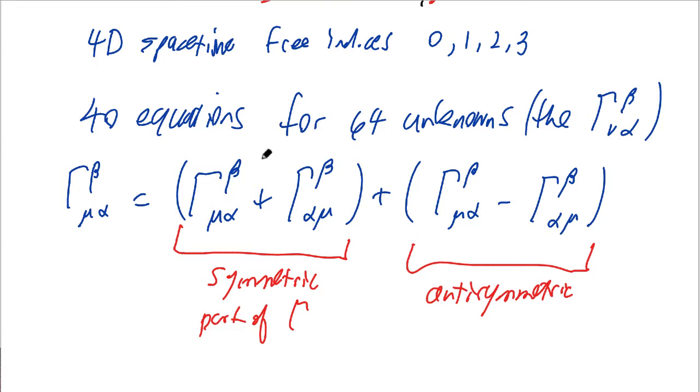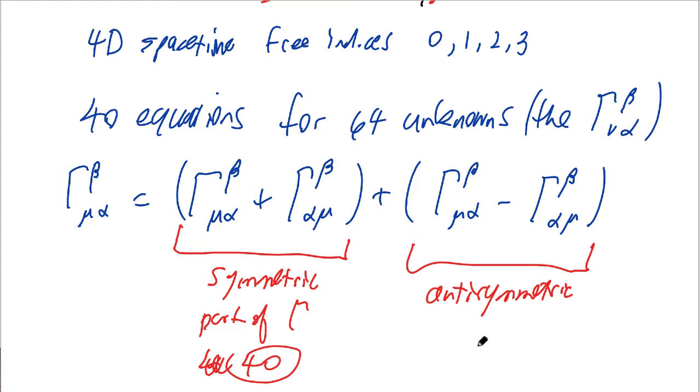So looking at this symmetric part, how many components are there? Well, there's the 10 components in a symmetric 4 by 4 matrix times the 4 possible values of beta. So there are 40 of these. And how many of these antisymmetric components are there? Well, in an antisymmetric 4 by 4 matrix, there are 6 independent components times the 4 possibilities for beta.